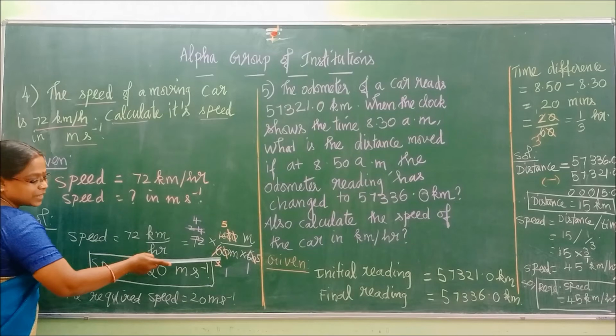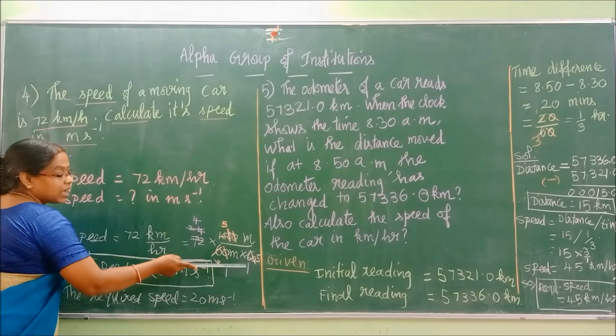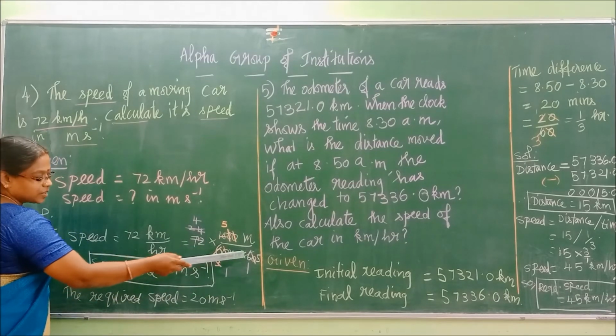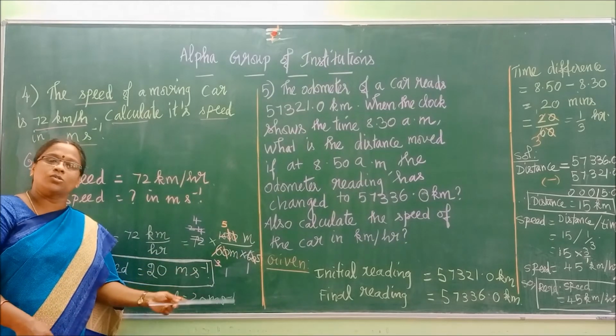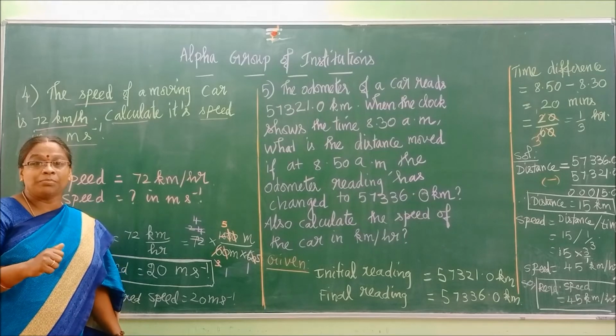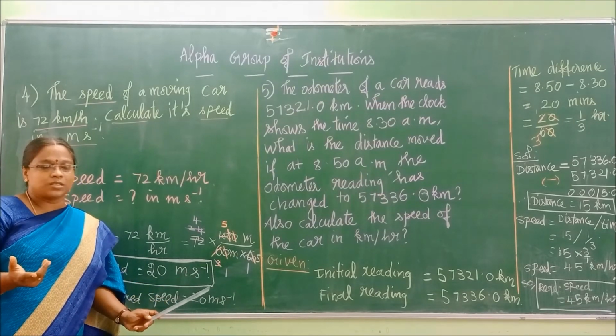In 1 hour, 60 minutes are there, and in 1 minute, 60 seconds are there. So that's why I have written 60 minutes, 60 seconds. And you can write 3600 seconds also. That also you can write straightly. How did the 3600 come? 60 into 60 gives you 3600.